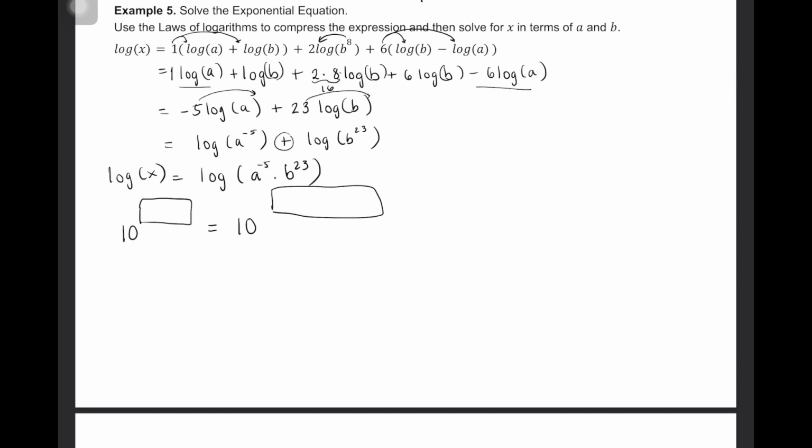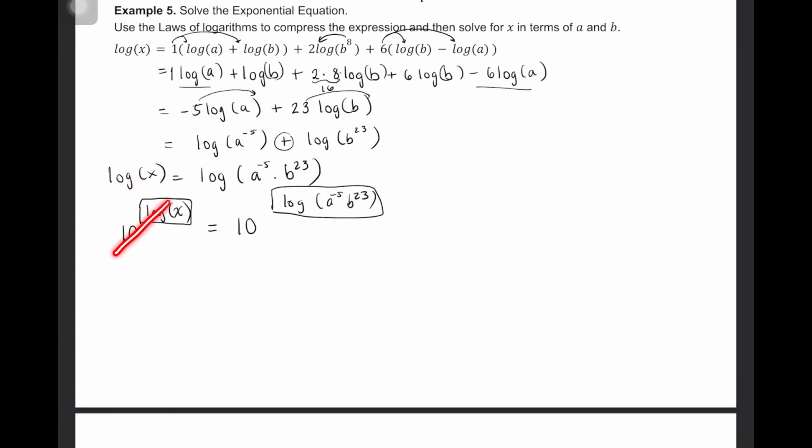And it happened to be that this is equal to this. So we're going to raise that side to x and raise this side, a to the negative 5 b to the 23rd. The reason why we chose base 10 is because we already know, as we explained in the intro, that this logarithm is technically base 10.